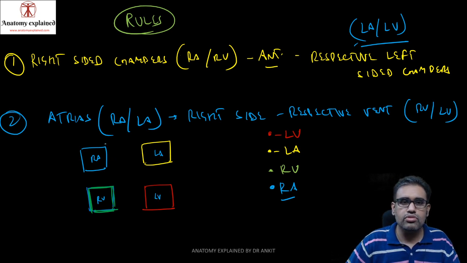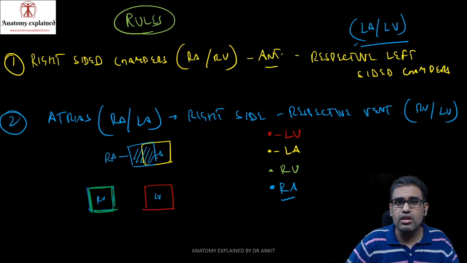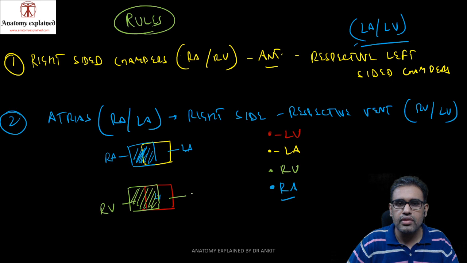So if we remove this RA from here and make RA right in front of LA, this would be the location of RA in front of LA. So this is LA, and this is RA. RA lies in front of LA. The same thing with this RV: it will lie a little bit anterior to the LV. So this is RV and that is our LV. Fine, that is rule number 1.